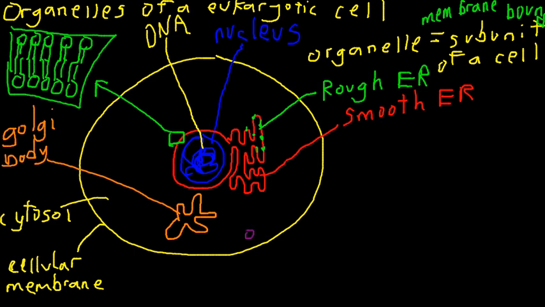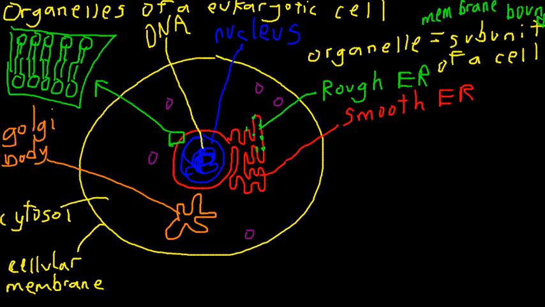Also in the cell we have these little vesicles, which can be throughout the cell. Vesicles are another type of organelle. They are very small organelles, consisting of fluid enclosed by a lipid bilayer. Vesicles form naturally, and they transport materials within the cytoplasm as well as into and out of the cells.